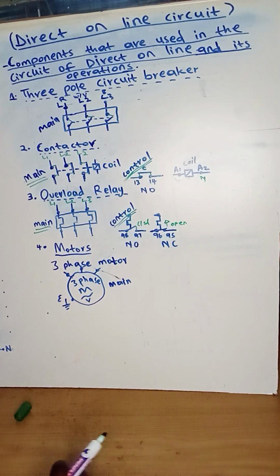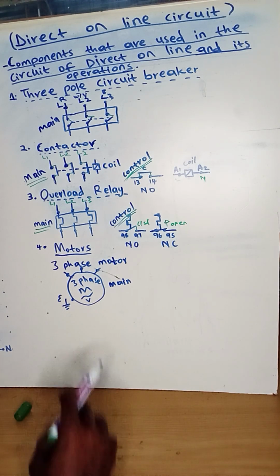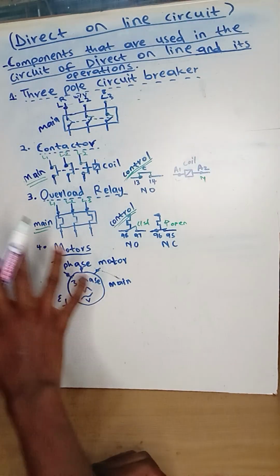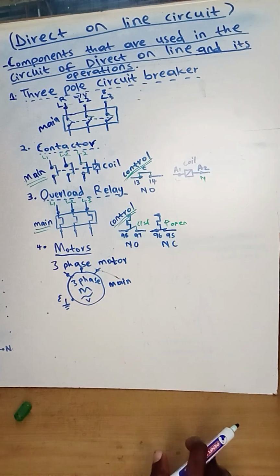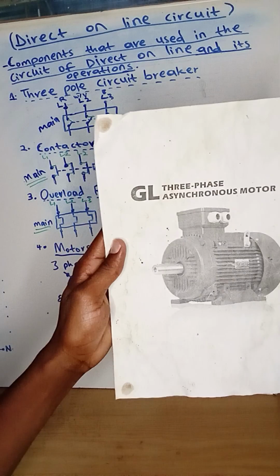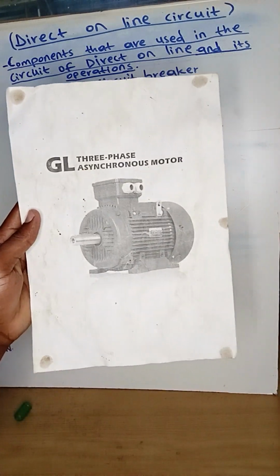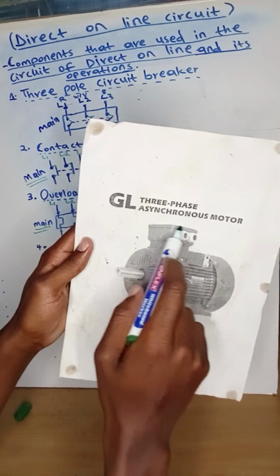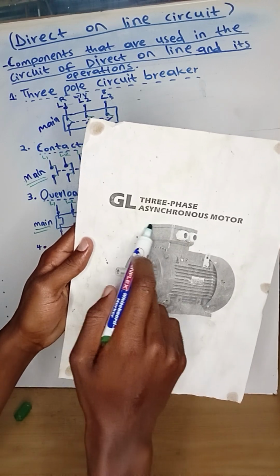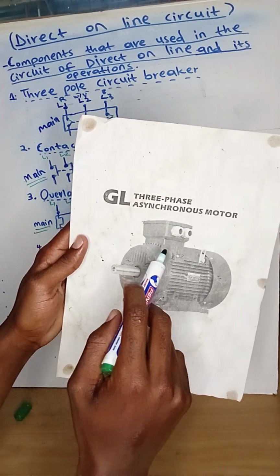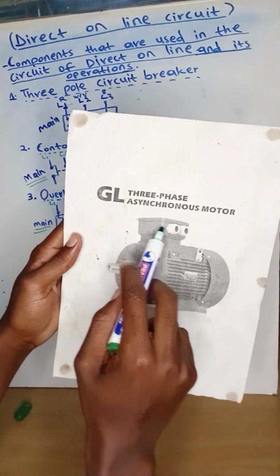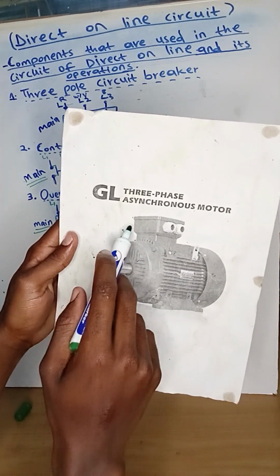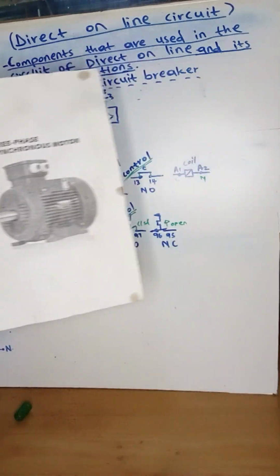Right, the next component that we have is the motors. In the direct online circuit, we only use the three-phase motor. So this is my three-phase motor. My three-phase motor has a small terminal box, and a single-phase motor has a long or big terminal box.